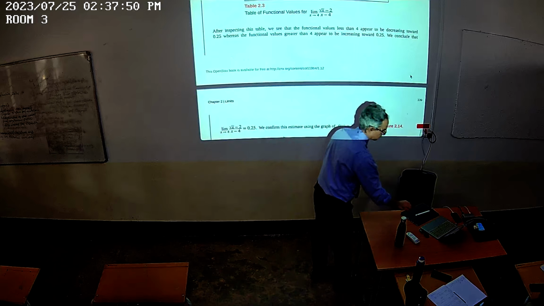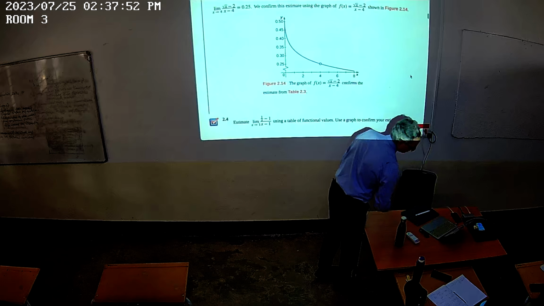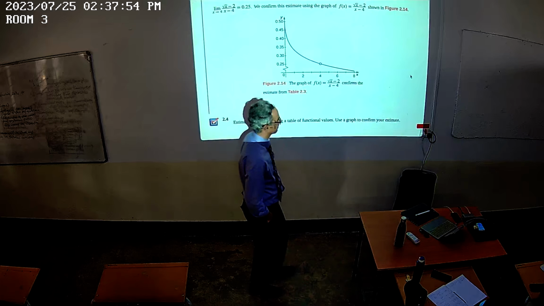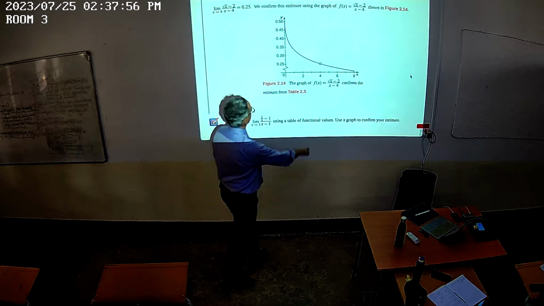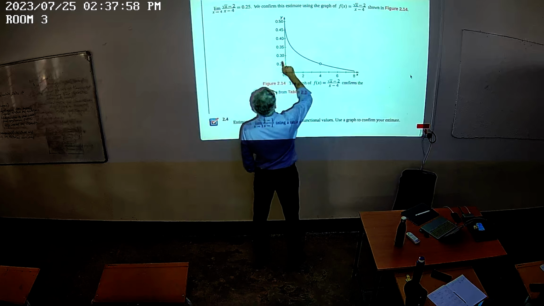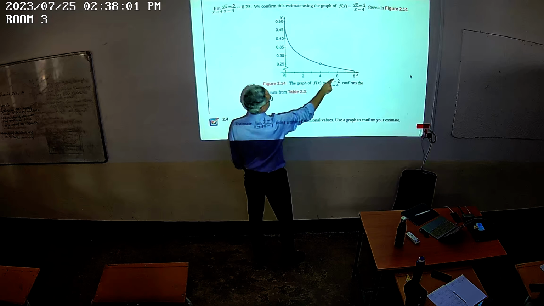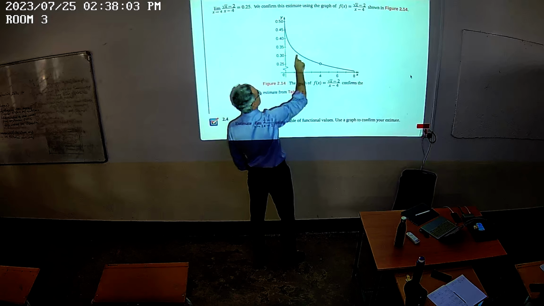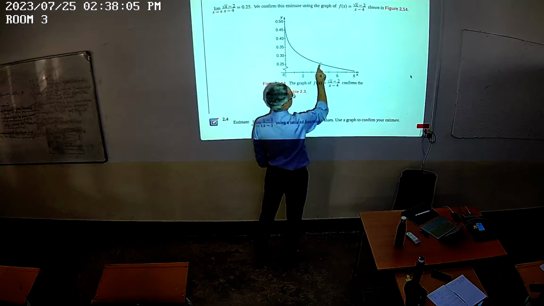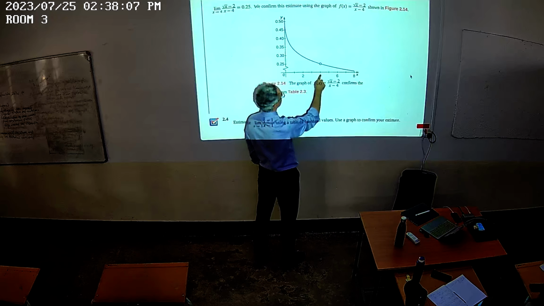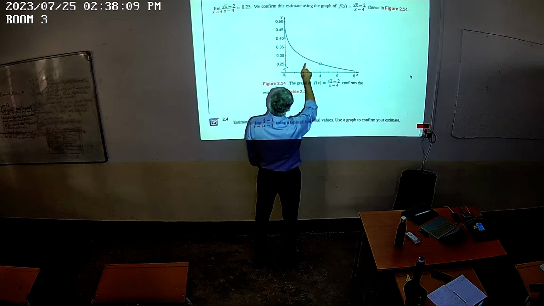You can confirm this estimate by looking at a graph of the function. So here we're graphing it as a function of x. Here is this function, and it looks like this, except it's not defined at x equals 4. But it does look like the numbers are approaching 0.25.